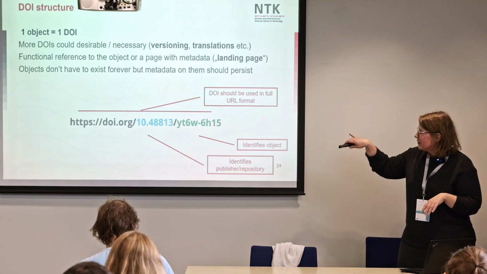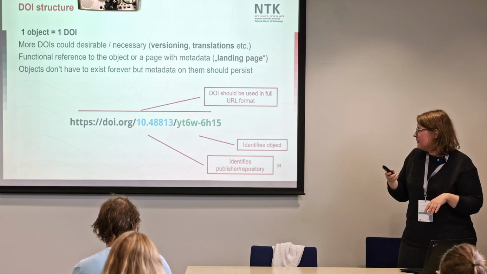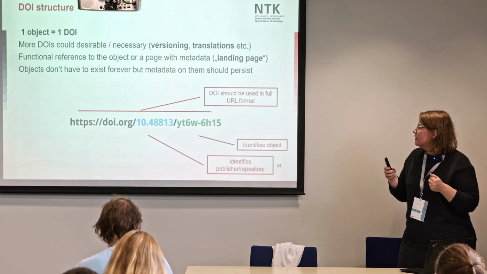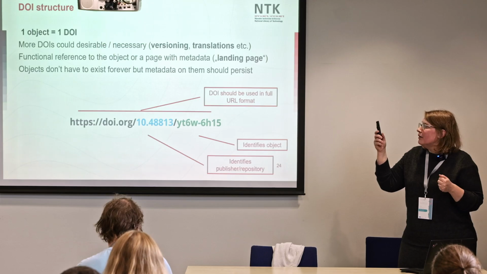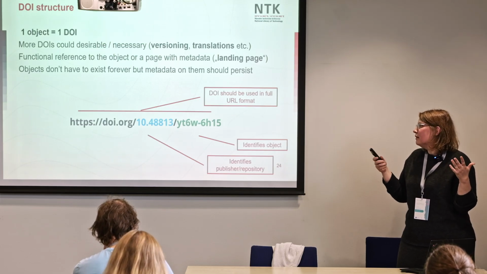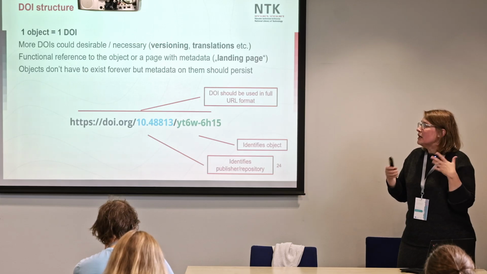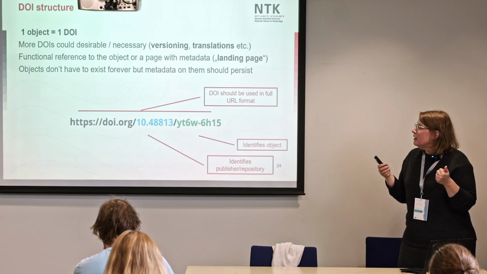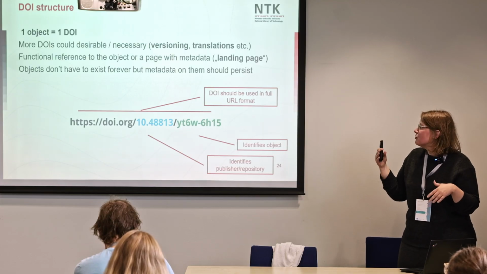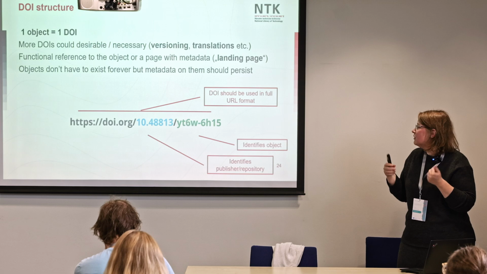And then the green part is called the suffix, and that identifies the actual object within that repository. One object should always correspond to one DOI. In some cases, more DOIs for the same or a similar object are necessary. For instance, when you have different versions of the objects, or when a text is translated to a different language.